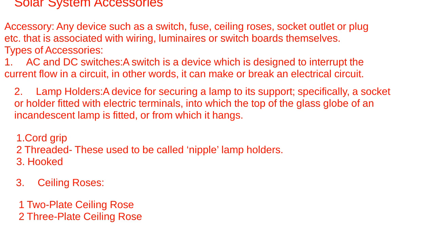It is now very essential to provide an earth, and so an earth terminal is now included on all ceiling roses. Most of the time, nowadays you get ceiling roses or lighting sockets that come with three terminals for the live, neutral, and earthing.